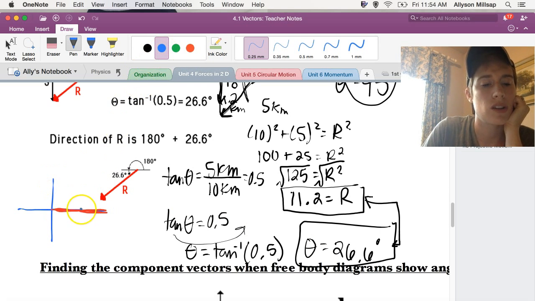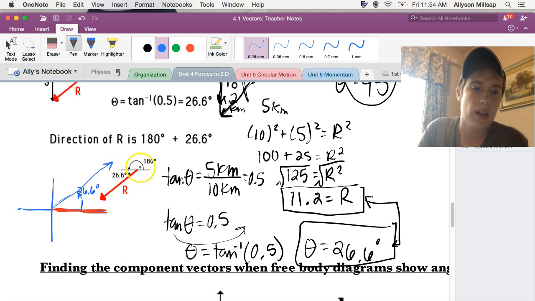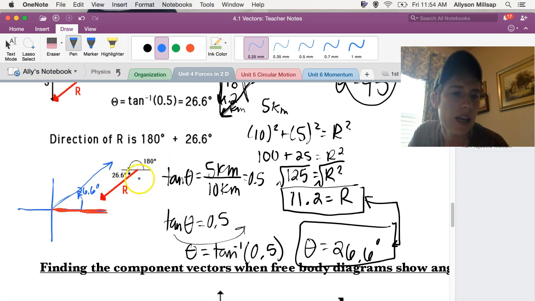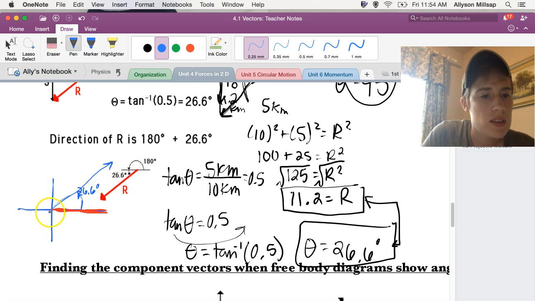So if I'm starting my angle here and I go 26.6 degrees, that means my vector is going this way. Well, we know my vector is going the opposite way. So if your vector is going this direction, the 26.6 degrees is only referring to the degree from this point on the x-axis all the way to here.